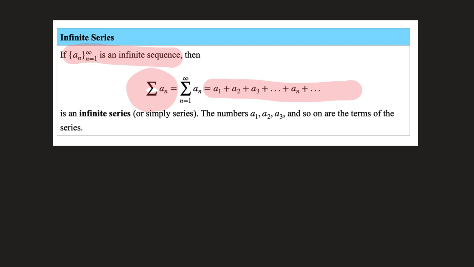The big question is, how could we find the sum of An? How are we going to find this sum of An? So we're going to talk about the definition of an infinite series.